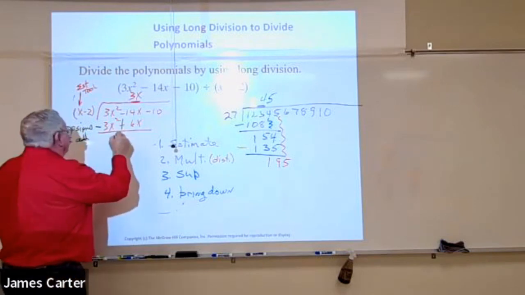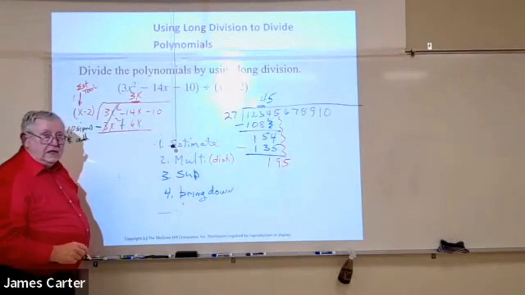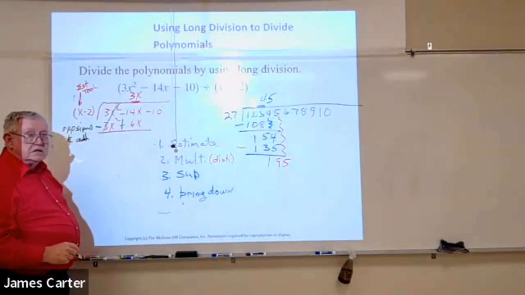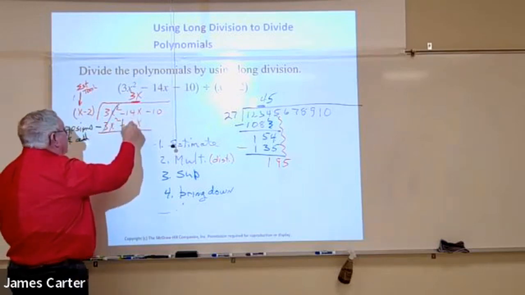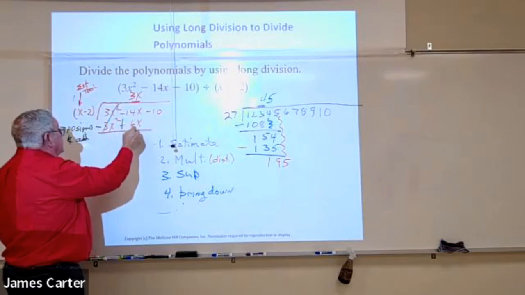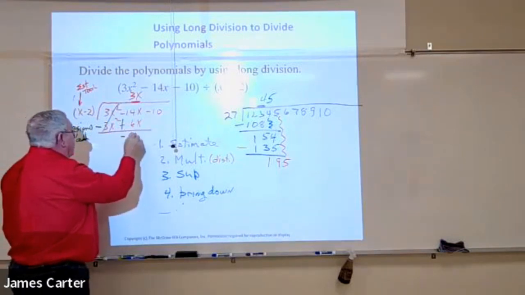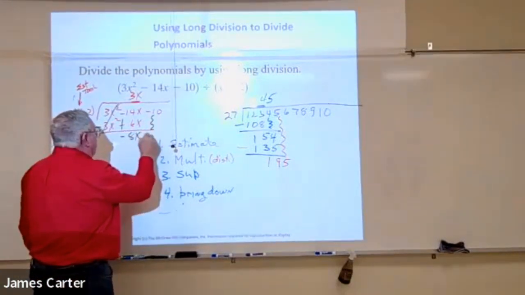So if I do that, these two are going to cancel each other out always. Always. And this, I get whatever I got. Negative 14x and positive 6x gives me negative 8x. Okay? And now I bring down minus 10.